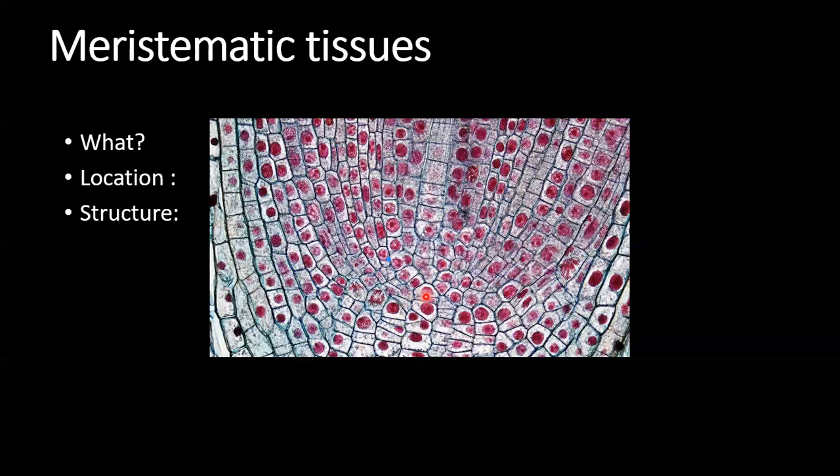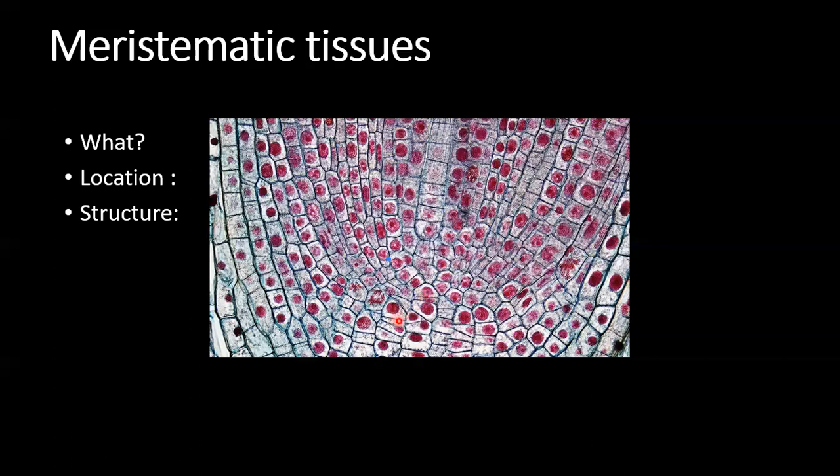Because the meristematic tissues are rapidly dividing cells, the respiration is very high. To facilitate this high rate of respiration, the mitochondria should be well developed. That's why mature mitochondria are seen.